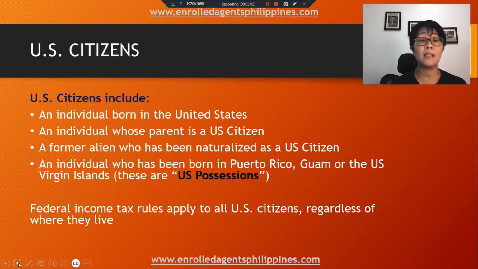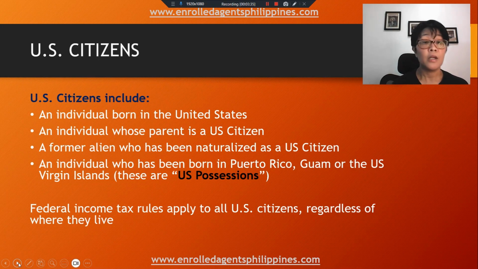US citizens include an individual born in the United States, yung mga natural-born citizens; an individual whose parent is a US citizen; a former alien who has been naturalized as a US citizen; an individual who has been born in Puerto Rico, Guam, or the US Virgin Islands, yung mga tinatawag natin na US possessions.